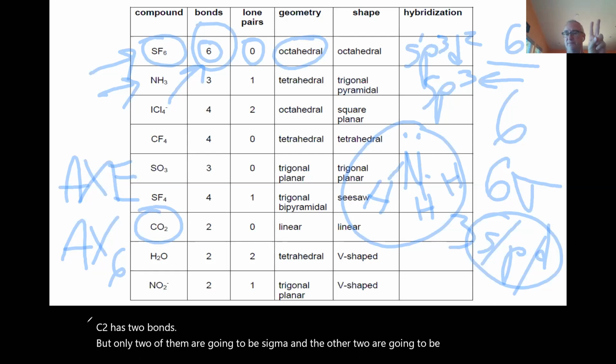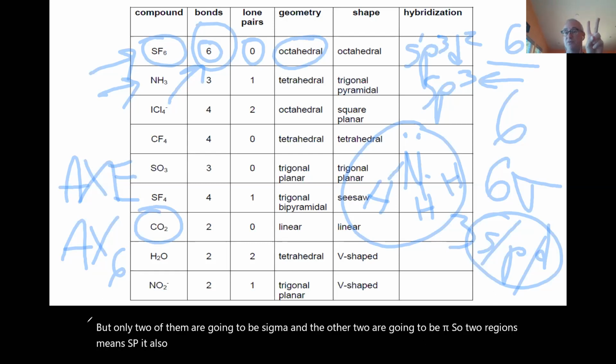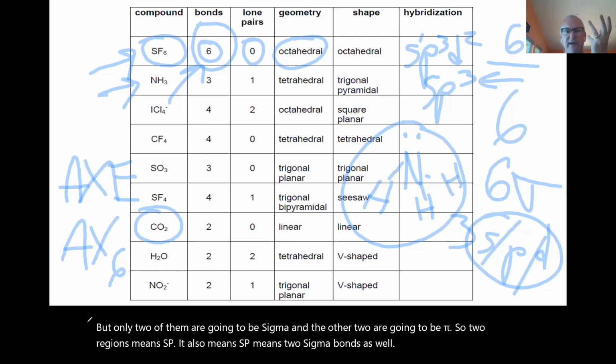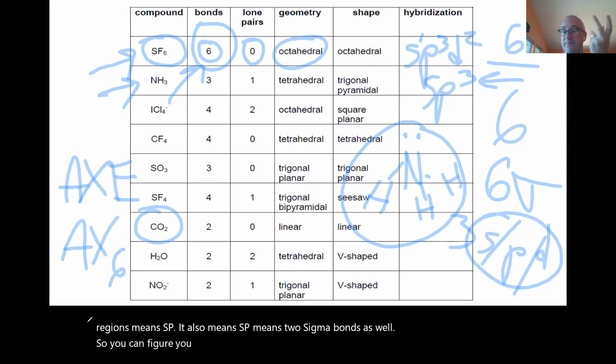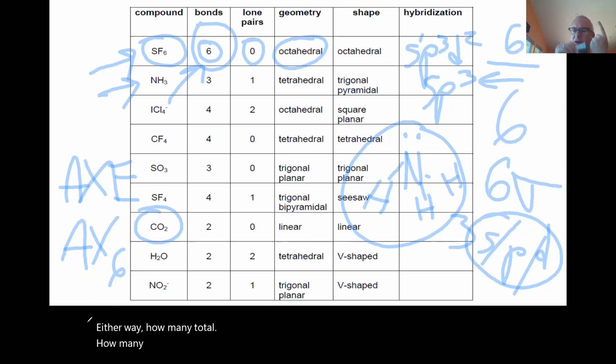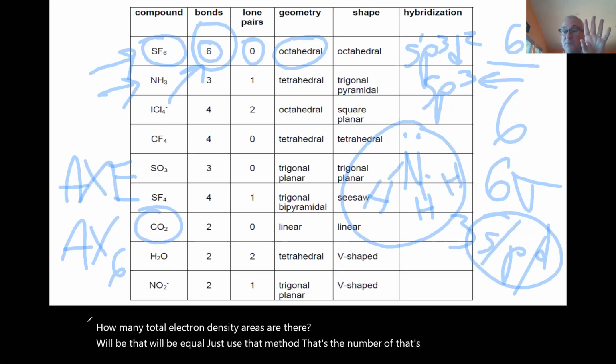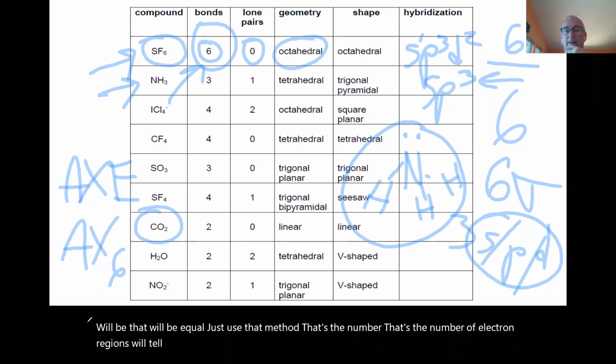So 2 regions means sp, which also means 2 sigma bonds. You can figure this out either way. How many total electron density areas are there? The number of electron regions will tell you what hybridization you need.